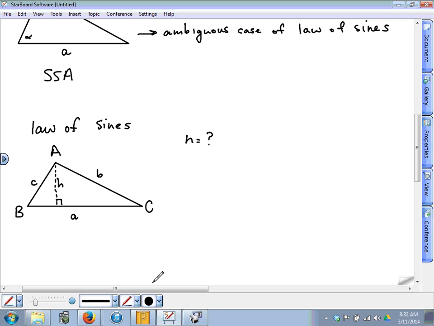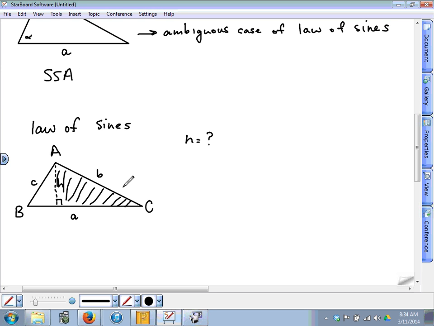Let me give you one more hint, and then I want you to see how far you can get. Think about, instead of the original triangle that I drew, just this triangle. Why just that triangle? It's a right triangle. So take a second here. See if you can come up with what H equals in terms of angle C and side B. Don't yell it out, just write it down.